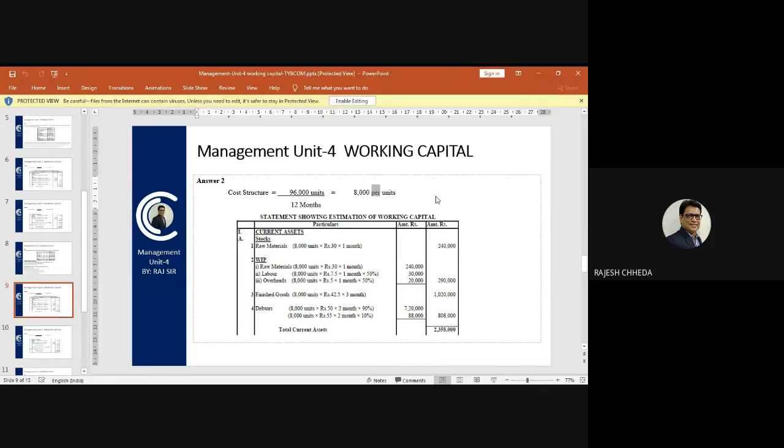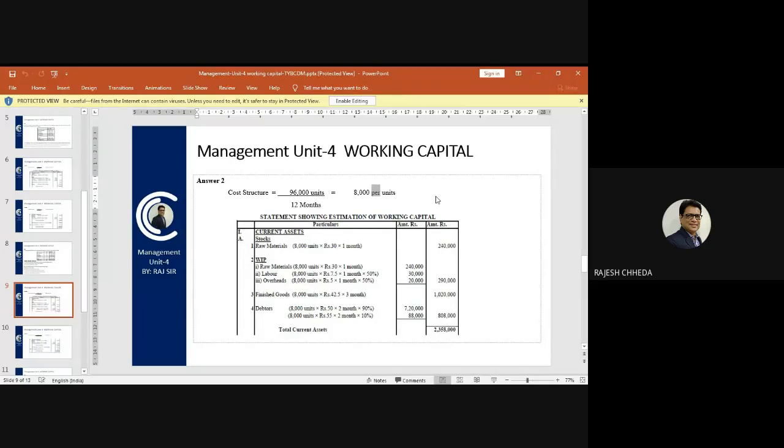So what I have done is 7,200 units at the rate of rupees 50 for 2 months, because I multiply by 90%. And 10% is above the normal price. So what I am doing is 8,000 into 55 into 2, and that calculation is applied only for 10%.